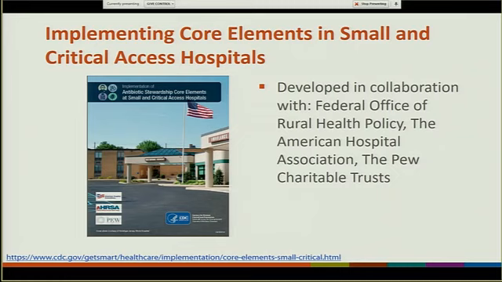These are recommendations from small and critical access hospitals to small and critical access hospitals, because we know that they have very different infrastructure, staffing, and resources. This document places stewardship in the context of their infrastructure, resources, and staffing. If you are at a smaller critical access hospital and not familiar with this document, I highly encourage you to review it and see if any of this could be meaningful for your stewardship program. Next slide.